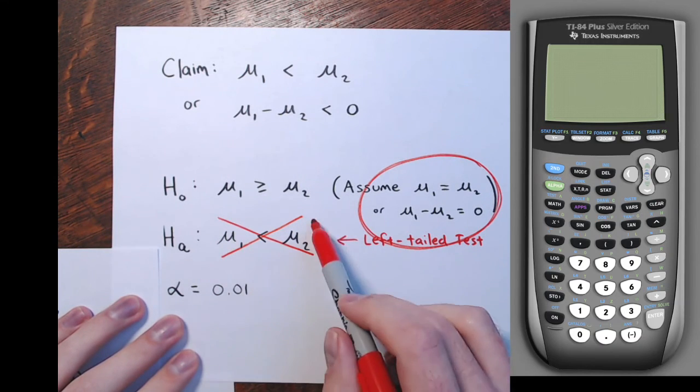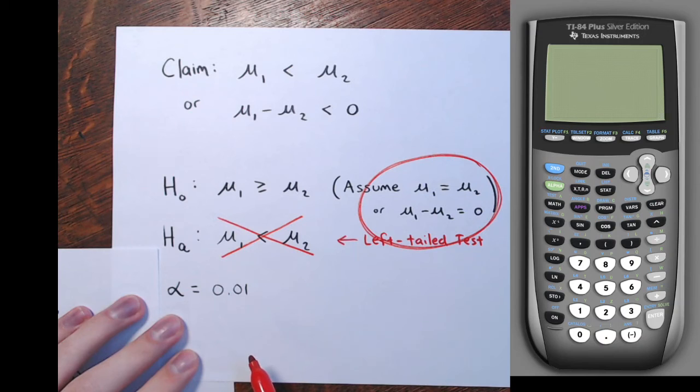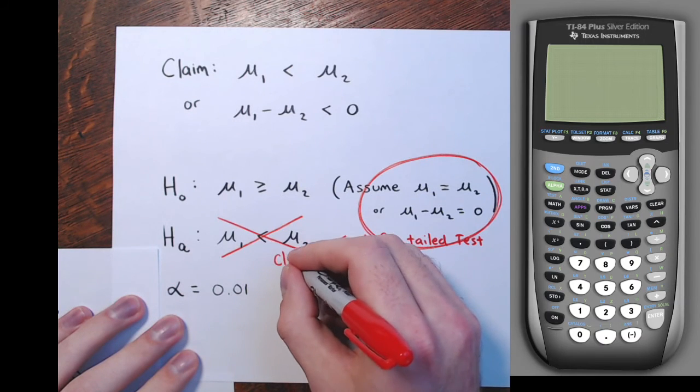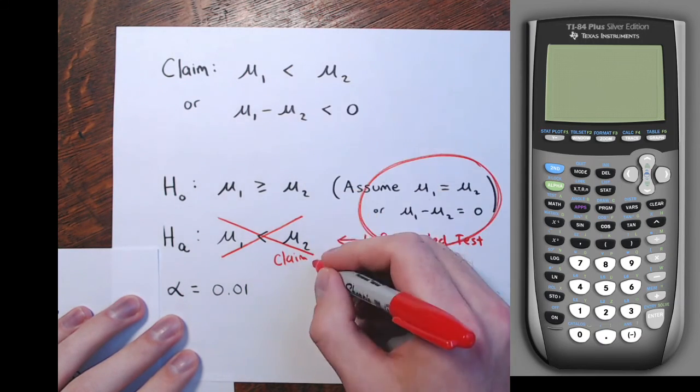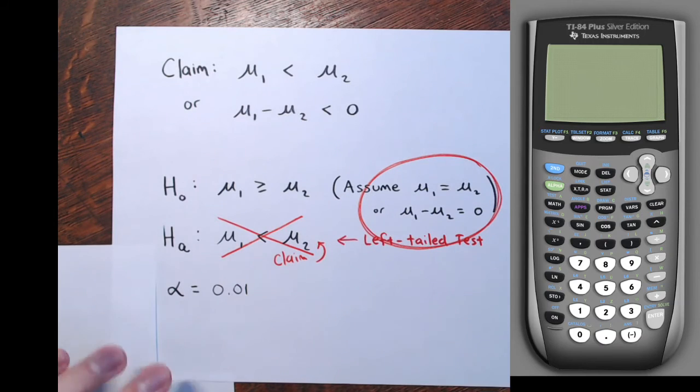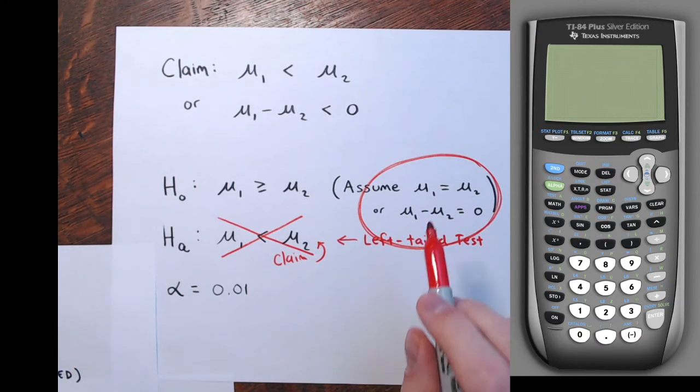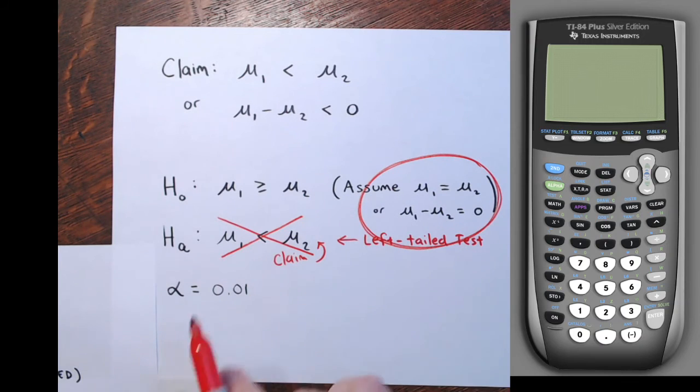So I'm going to put a big X to the alternative hypothesis. And this was the claim here, right? The claim was the alternative, and we're saying we're not supporting it. We're keeping the null and not supporting the claim. So there's not enough evidence to say that bond portfolios have a smaller return rate than stock portfolios. There's not enough evidence to say that in these samples.